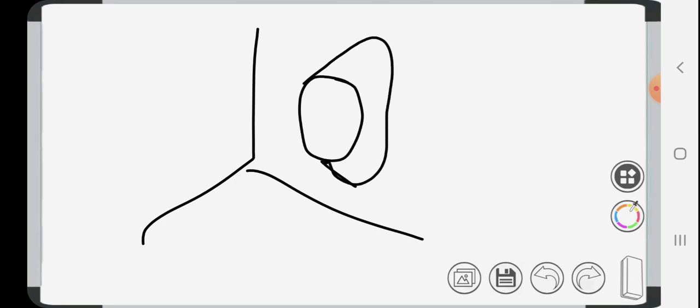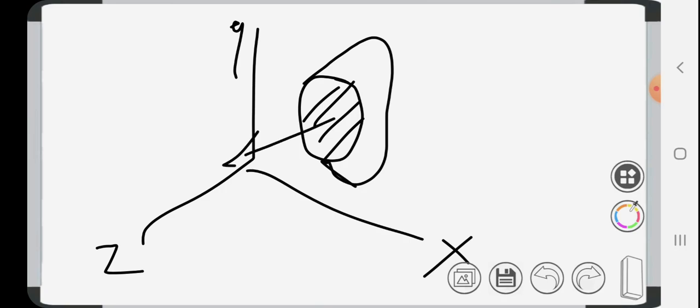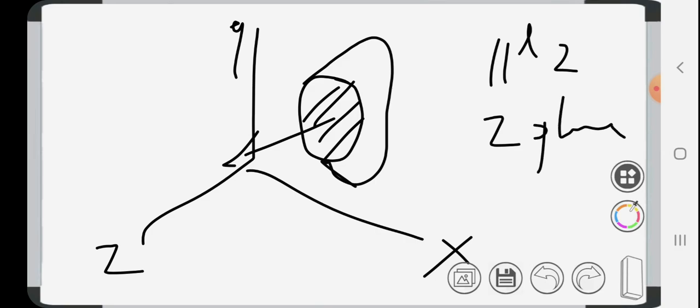Okay, in this plane is y, z, x. So normally it is in this direction, parallel to z. So this is the z plane, right?